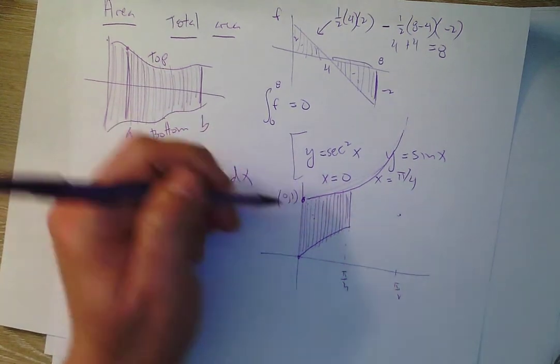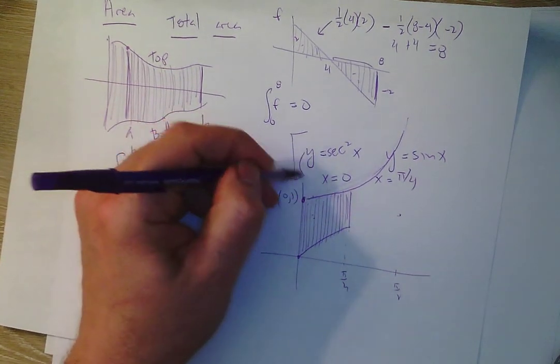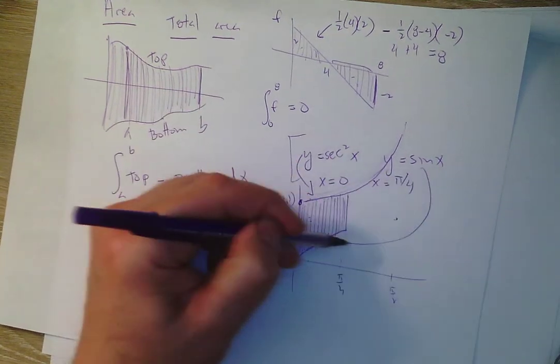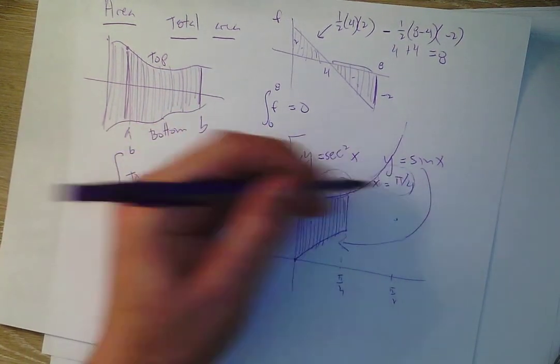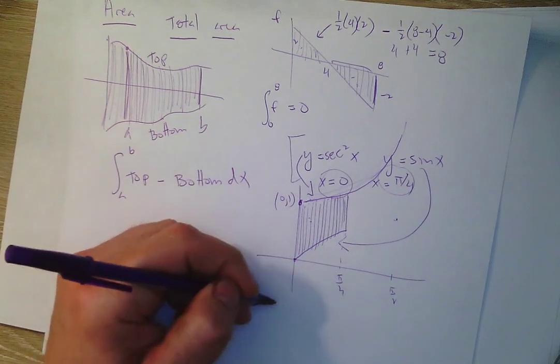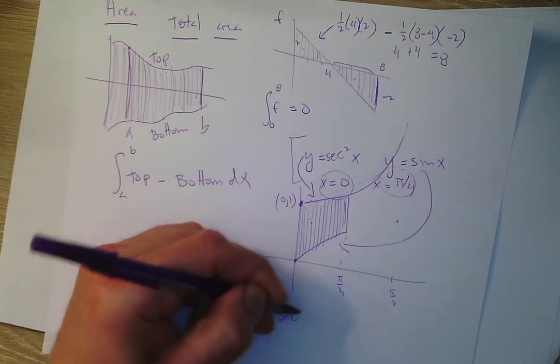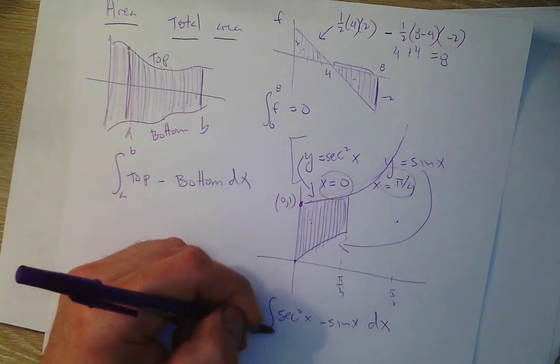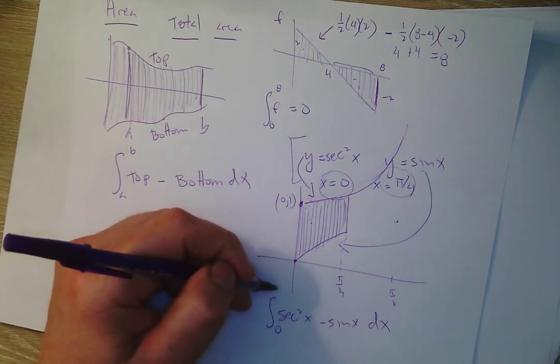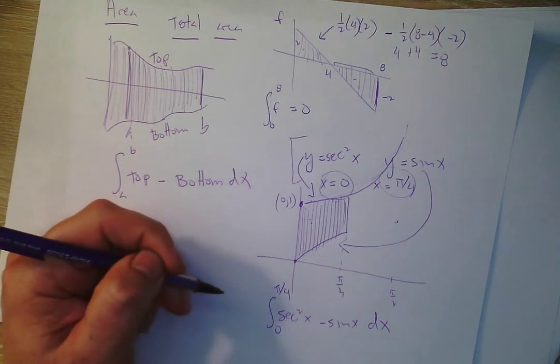Well, to find this area, I do the top function, which is secant squared, minus the bottom function, which is sine, on 0 to pi over 4. So I would set up the integral of secant squared x minus sine x dx from 0 to pi over 4.